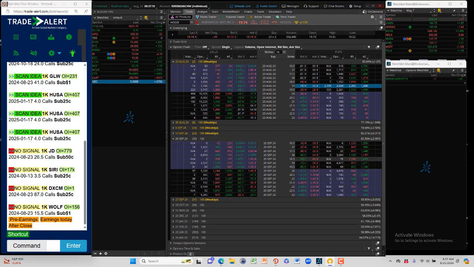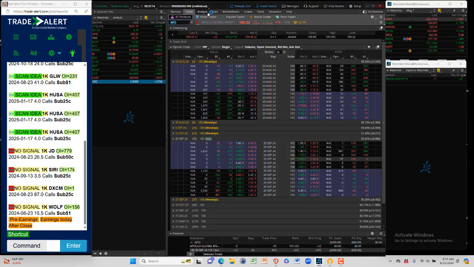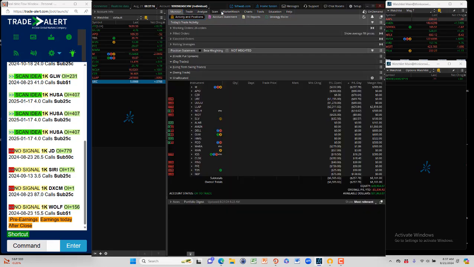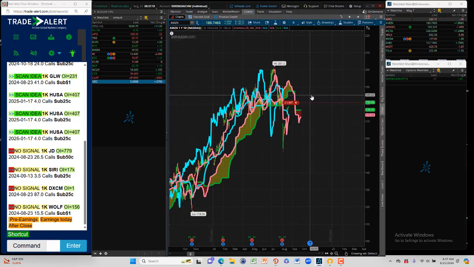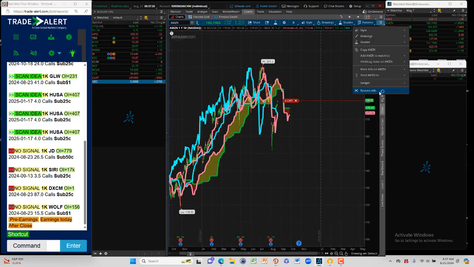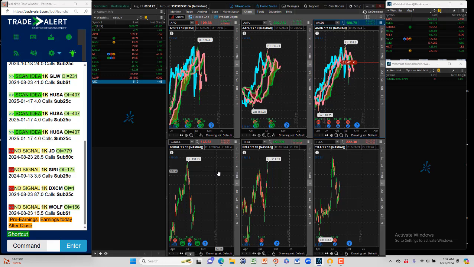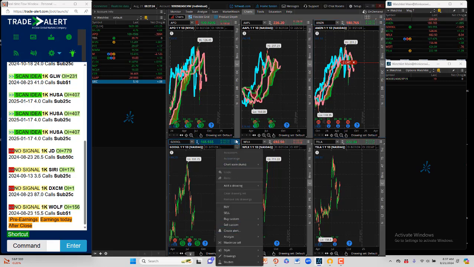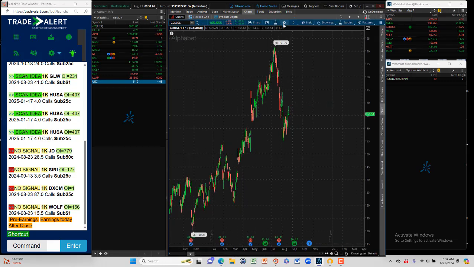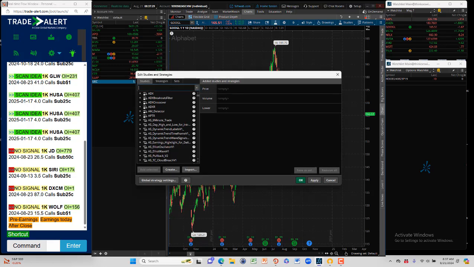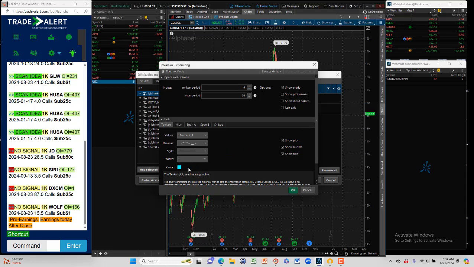Not doing much here. APO is lower. Okay, I got it. I add RSI here on the bottom. So Ichimoku. 5 red.